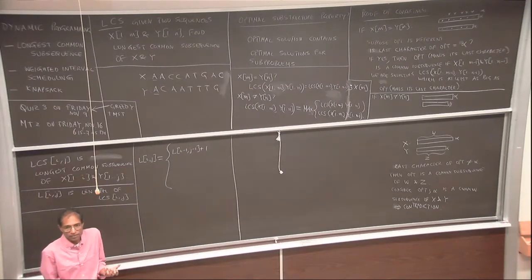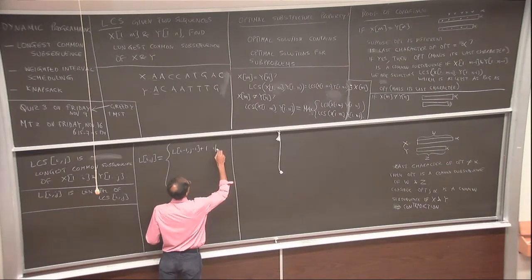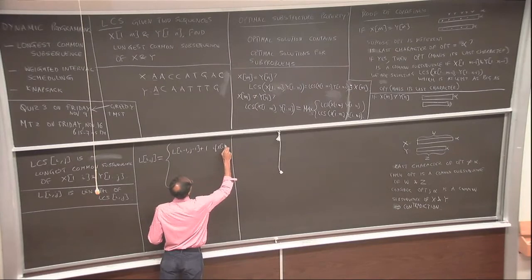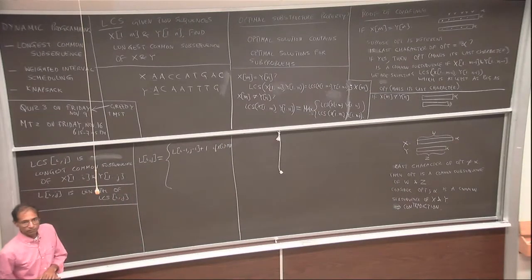We are just adding that character to our solution. Okay. x_i equals y_j. You agree?